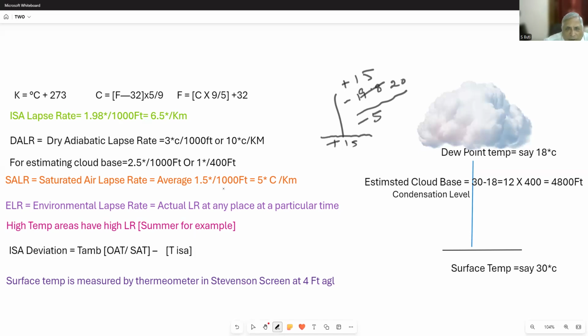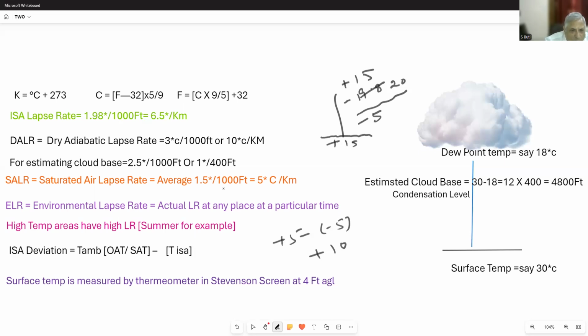Plus 15 minus a fall of 2 degrees per 1,000 feet will give you temperature under ISA conditions. If the actual outside air temperature is plus 5, and it should have been minus 5, I will say my deviation is plus 10, or the atmosphere is 10 degrees warmer than standard.